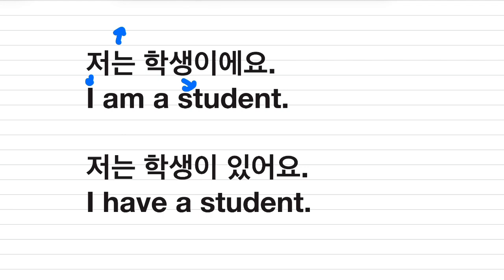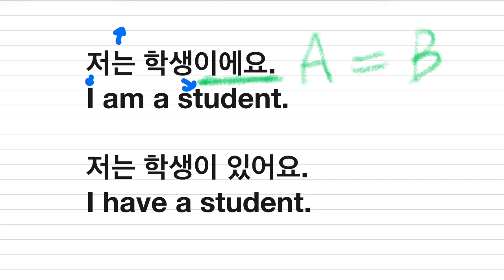So 이에요 is like the to be verb, like A is B. We say 이다. 이다 becomes 이에요, 예요 and 입니다, okay?